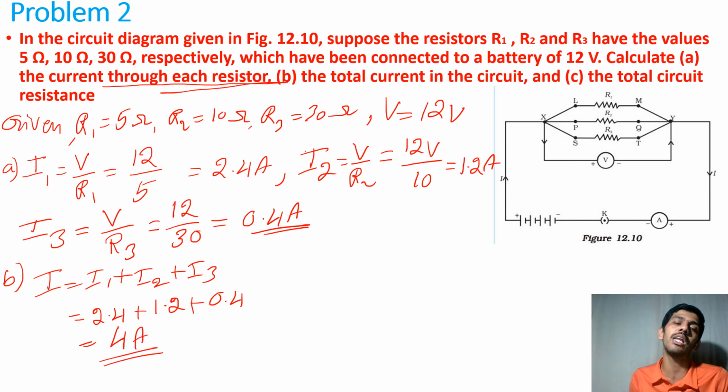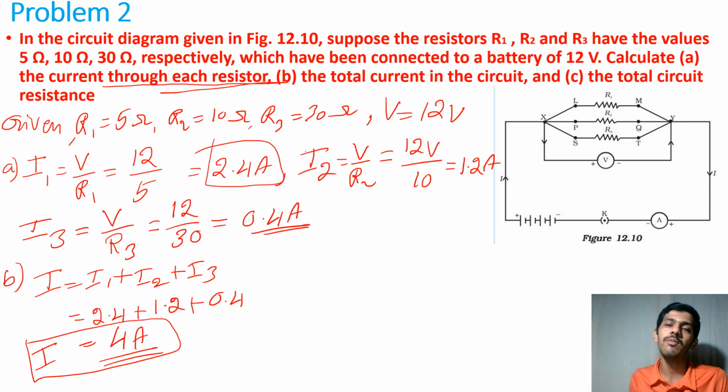That is the total current in the circuit is equal to 4 amps. This is one more required answer: 2.4 amp, 1.2 amp, 0.4 amp, 4 amp.